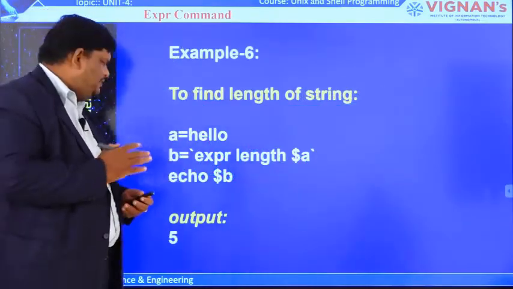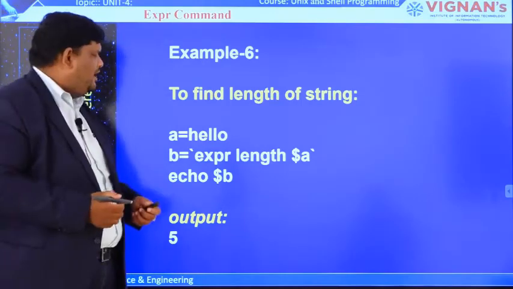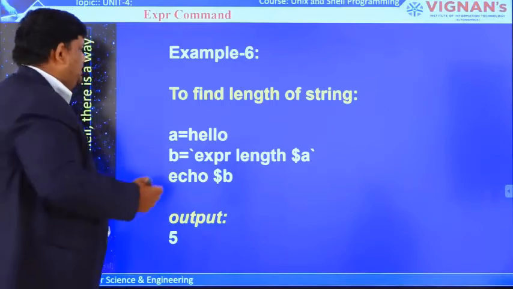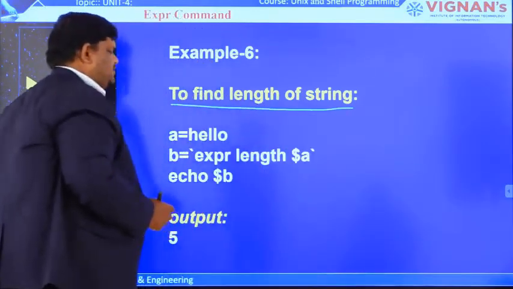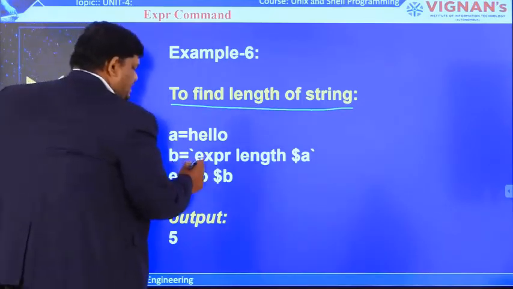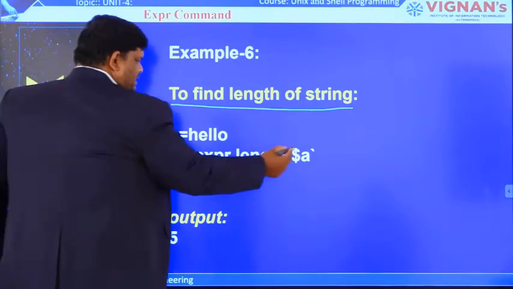Not only that, with the help of the expr command, we can also find out the length of the string. How are we going to find the length of the string? Let us consider this example. Here the application is to find the length of the string. With the help of the expr command, we are writing variable equal to value, that's why we are enclosing it within backquotes.